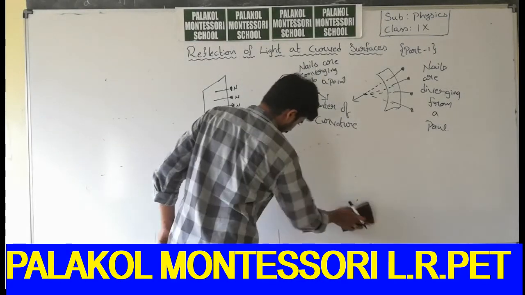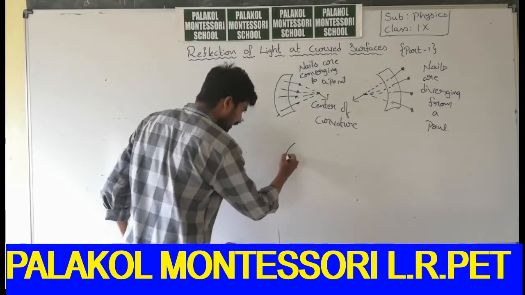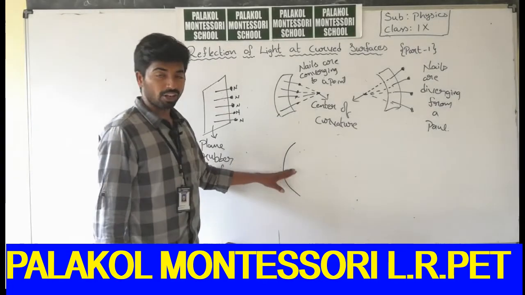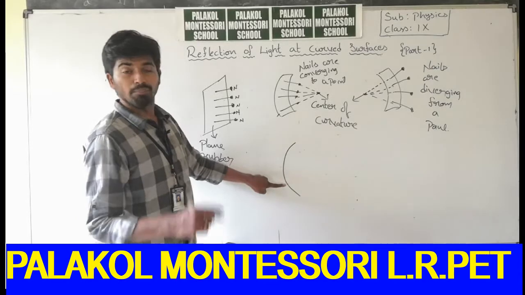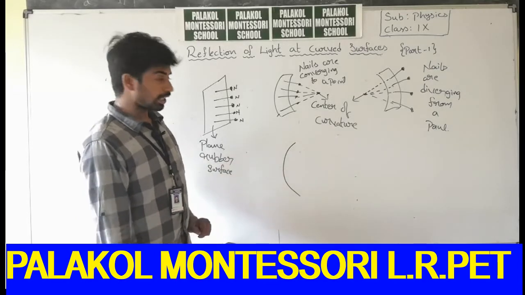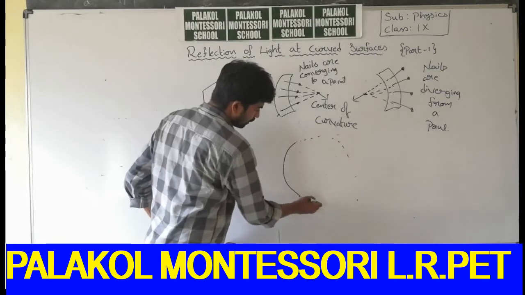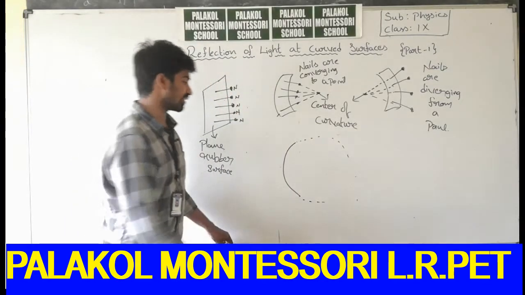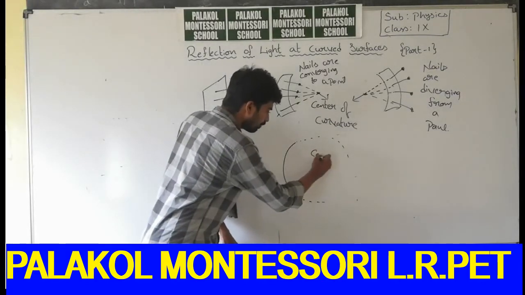So, if you consider a spherical surface, this is a spherical surface, which means it is a part of a sphere. You can construct a sphere with this spherical surface, and the center of that sphere is called the center of curvature.